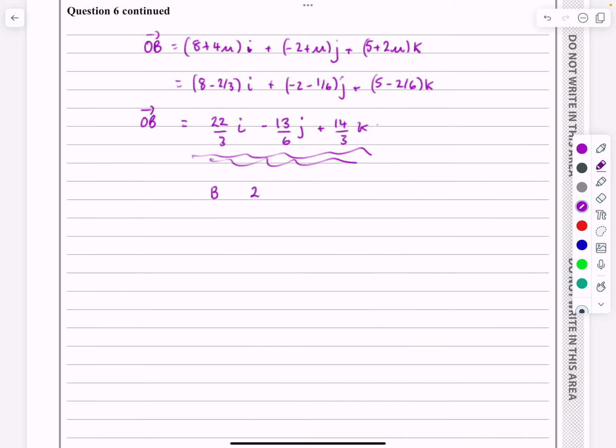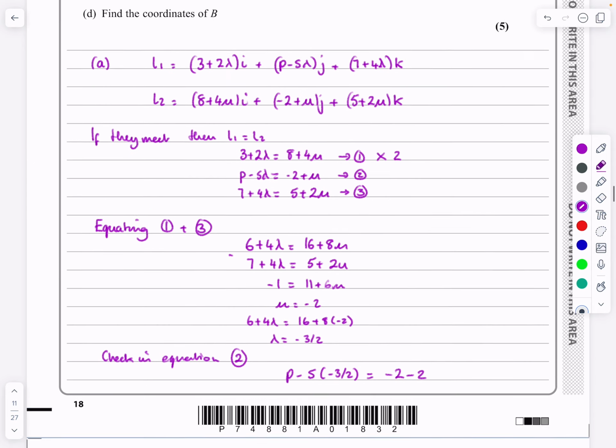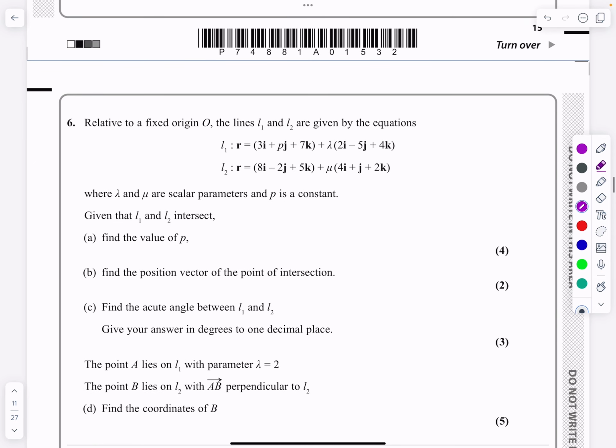B is 22 over 3, minus 13 over 6, 14 over 3. Always just check right at the very end that we've actually got the answer to the question that they've asked. A lot of places where you might make a mistake with that, but a relatively straightforward vectors question. Hopefully that all makes sense.